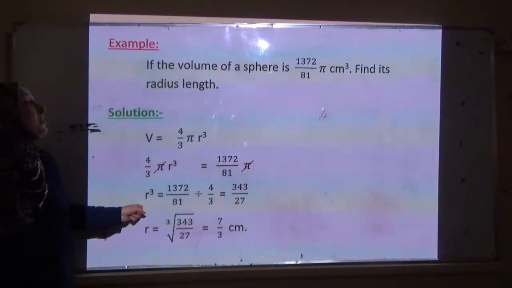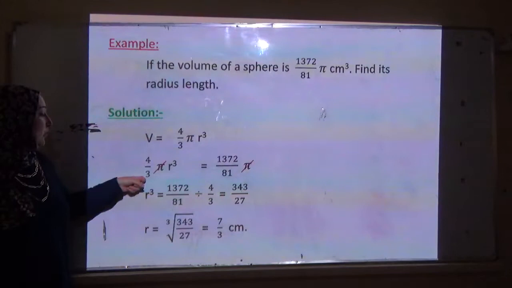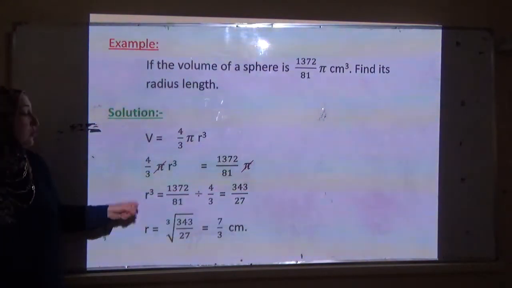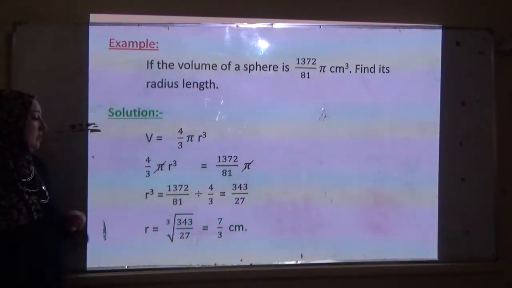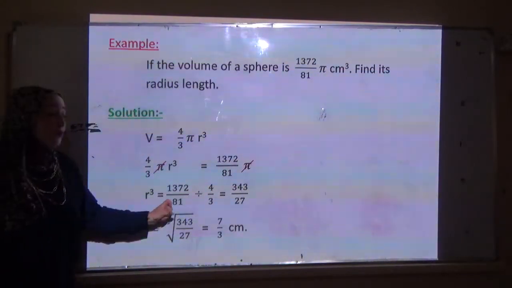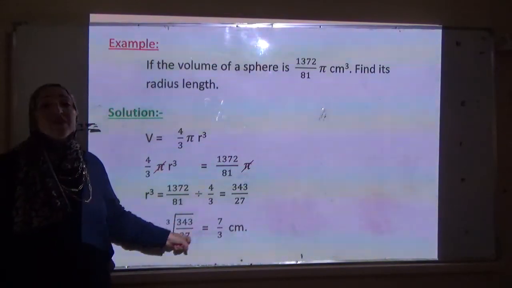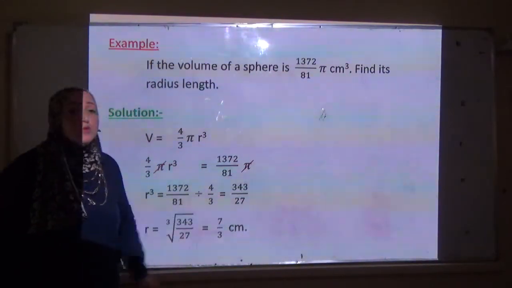He asked about the radius, just r. So we have to take the cube root of each side. The cube root of r^3 is r. The cube root of 343 over 27 equals 7 over 3 centimeters. Thank you.